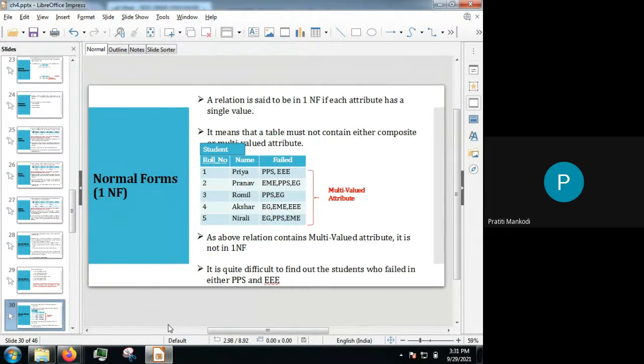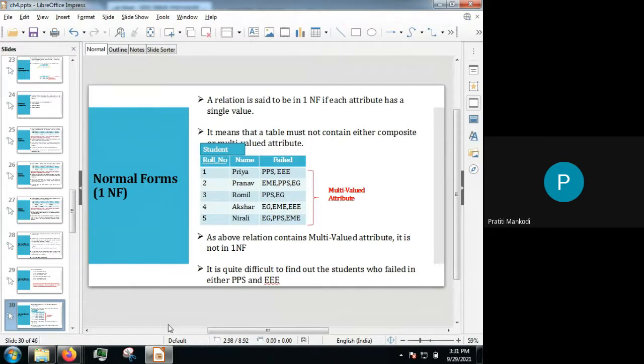When I say tell me the subjects in which roll number 1 is failing. But look at the confusion. I'll be having PPS and triple E. Yes, but as per the rule in RDBMS, your cell should retrieve one and only one value at a time. But here my cell retrieves two values, which is not allowed in RDBMS.